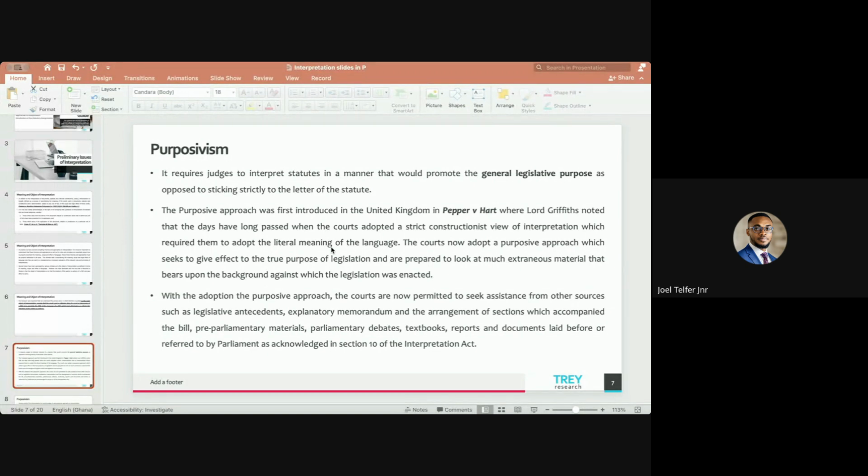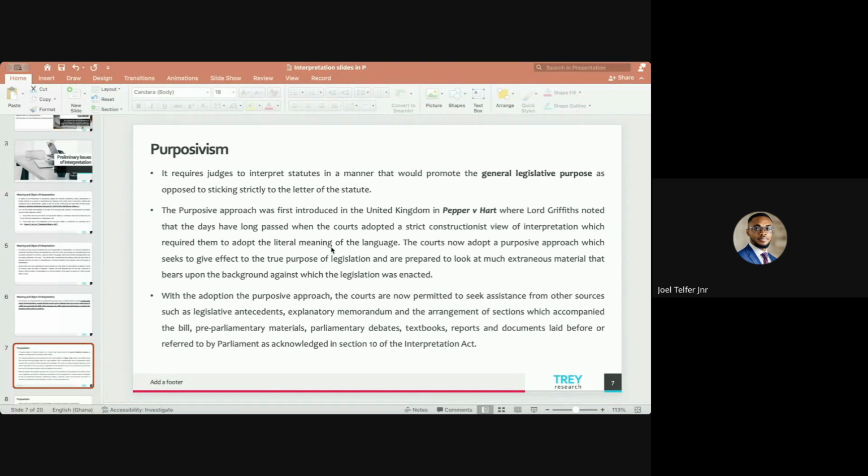And so, if you wanted to give effect to the intent of the lawmaker, which is the object of interpretation, by the way, you now have to adopt an approach which considers what the legislation was intended to do, what the purpose of the legislation was. And so the courts began to have recourse to extraneous material, i.e., material that was not intrinsic to the legislation itself.